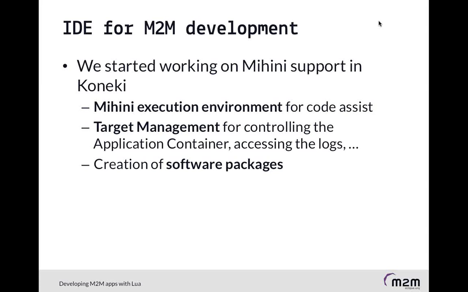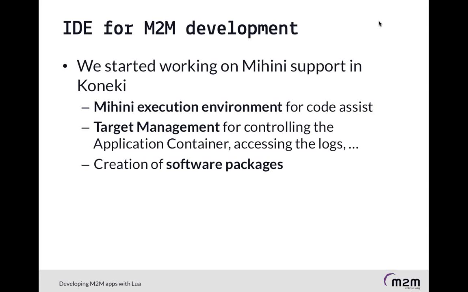It also means that in the tools we want to target management, that is the ability from your IDE to control and monitor what's happening on the embedded runtime that's running on your Raspberry Pi or on your wireless gateway. You want to monitor, to access the logs, you want to deploy an application and stuff like that.